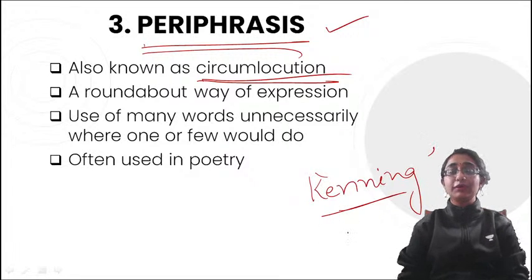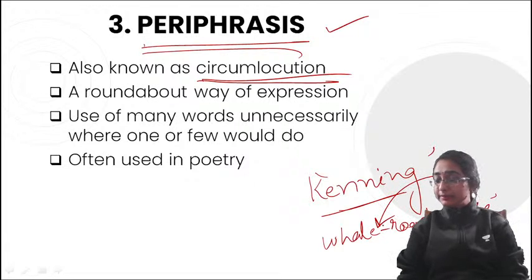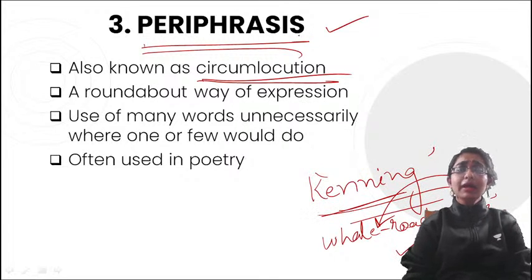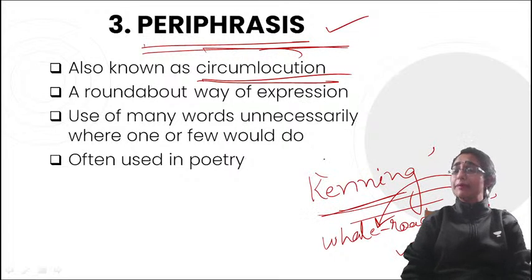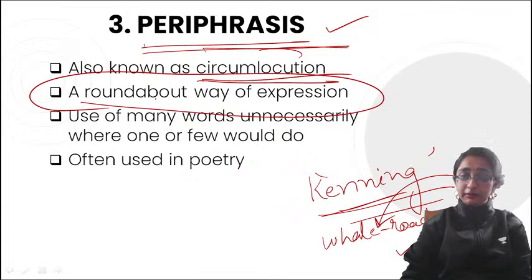I have already told you that if I say well road for sea, well road instead of saying sea, that is a roundabout way of saying things. So that is kenning. But in the same way, periphrasis is also the same type. It is also a roundabout way of expression.